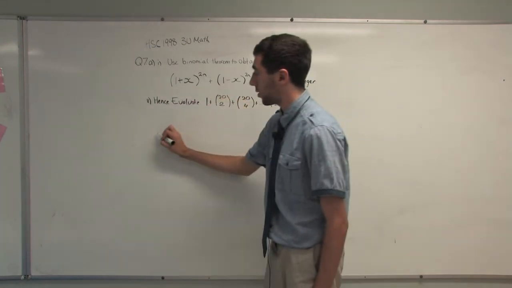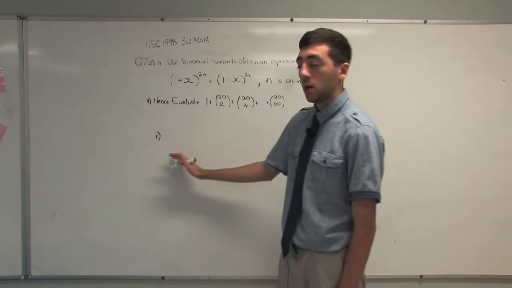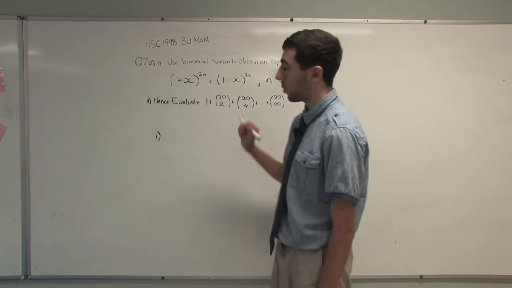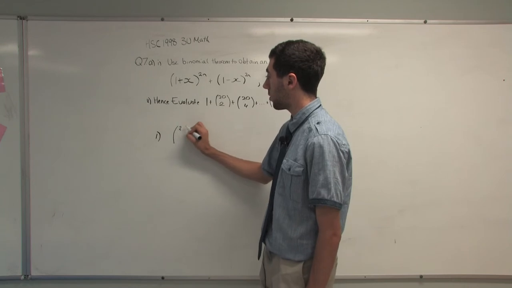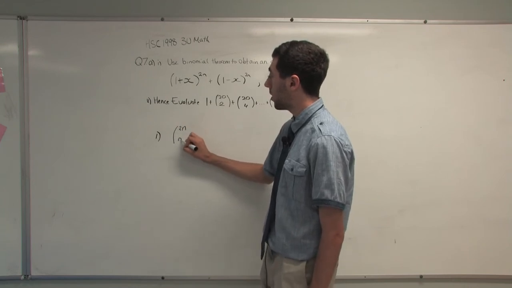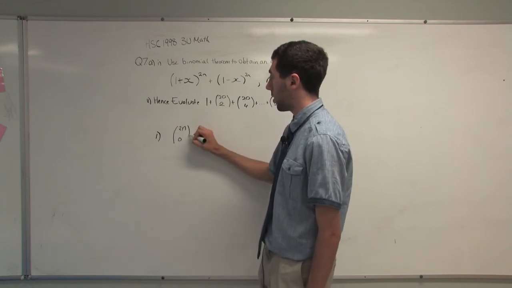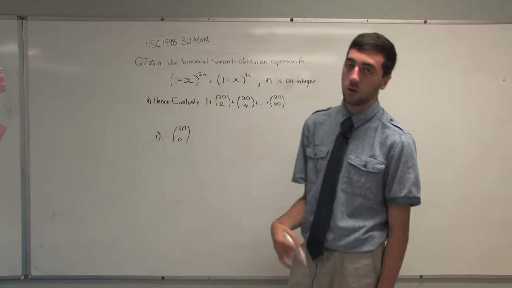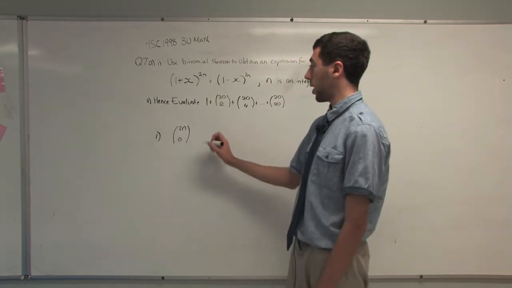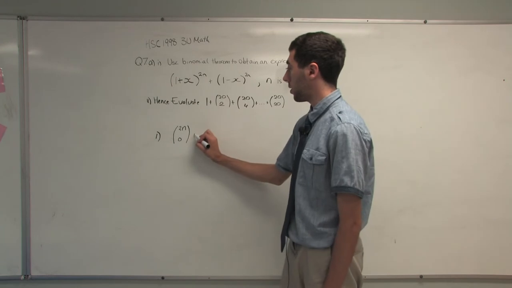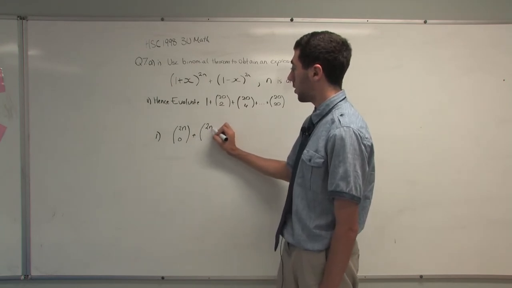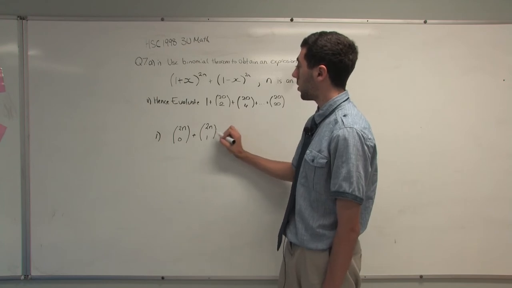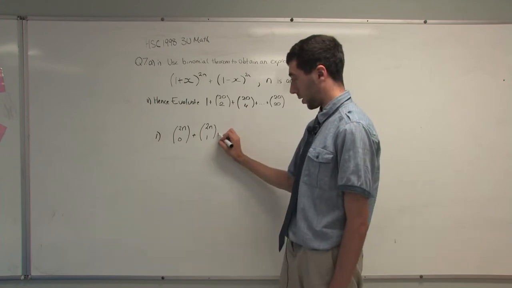So the first bracket, we're going to expand (1 + x)^(2n). As we know, this begins with our single constant term, so it's 2nC0, and x to the power of 0 is obviously 1, so we don't have to write an x here. The next part is our first term, 2nC1 times x to the power of 1, so it's x.